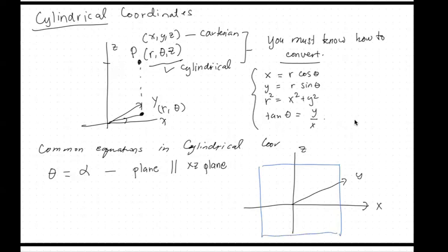If you have an angle, say this angle alpha, then theta equal to alpha will have a plane which is somehow parallel. The right term is along, as shown in the figure here. Somehow the notion of parallel is not right because it's intersecting, but it is in the same direction as the xz plane.